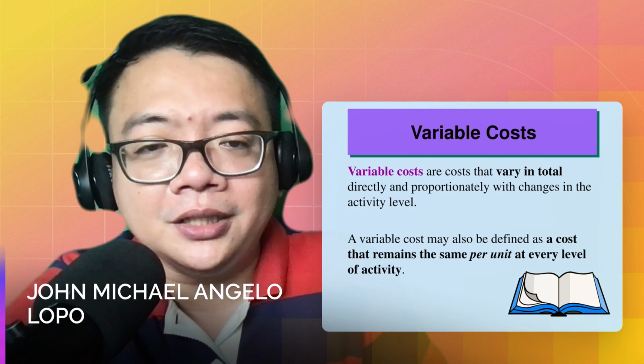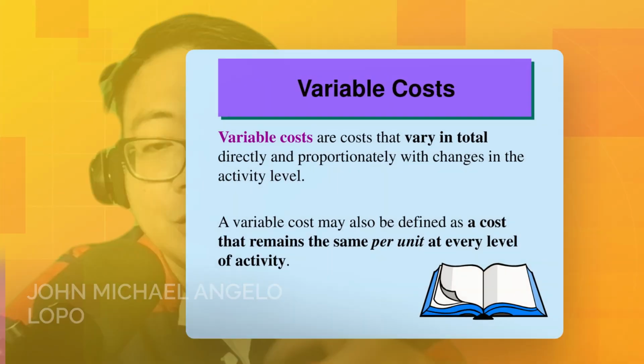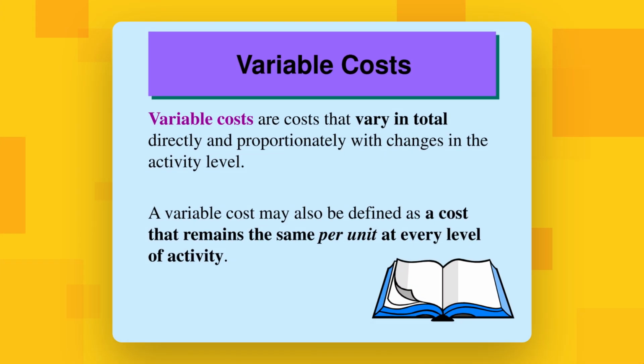It will also increase. Alright. But in terms of the variable cost per unit in the CVP analysis, variable cost per unit will remain the same regardless of your activity level. Hindi magbabago, class. Hindi magbabago ang ating variable cost per unit.